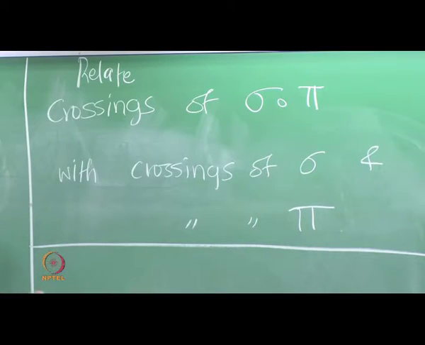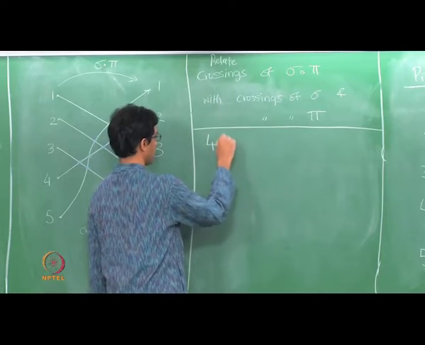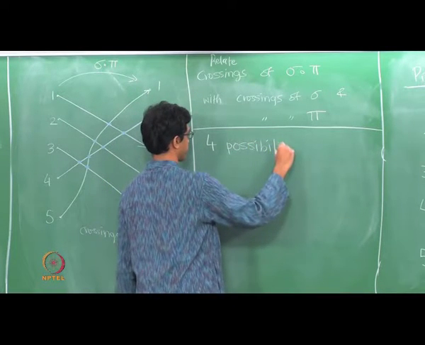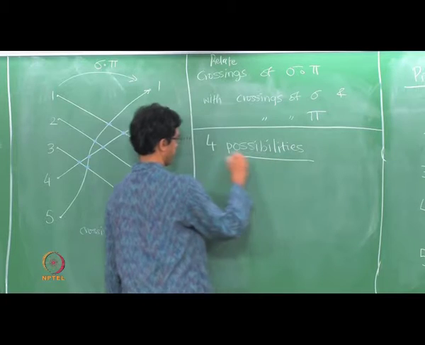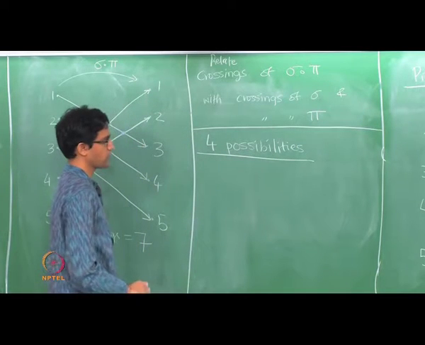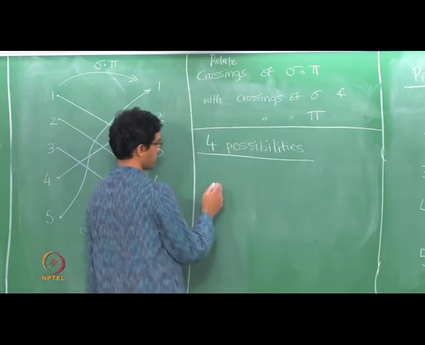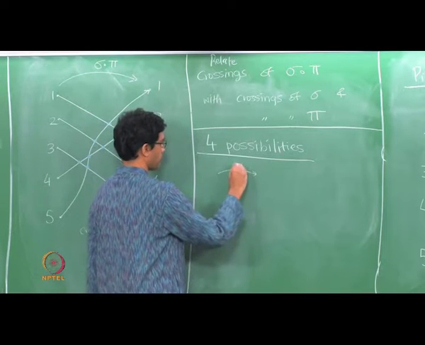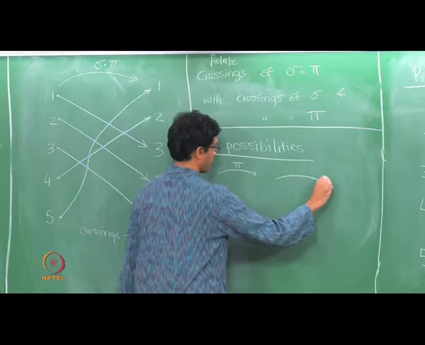Okay. So what are the 4 possibilities? Really there are only 4 possibilities. Here are the various possible diagrams. I first have pi, and then I follow it up by sigma.